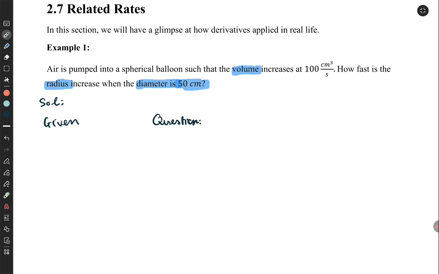Usually you jot down the key information, starting with the diameter. The diameter is 50 centimeters. Clearly, the question asks how fast the radius is increasing.